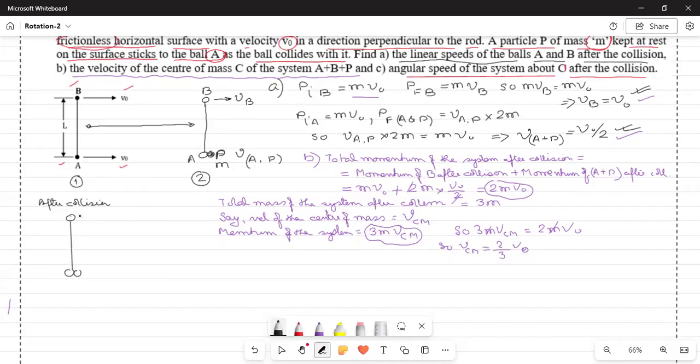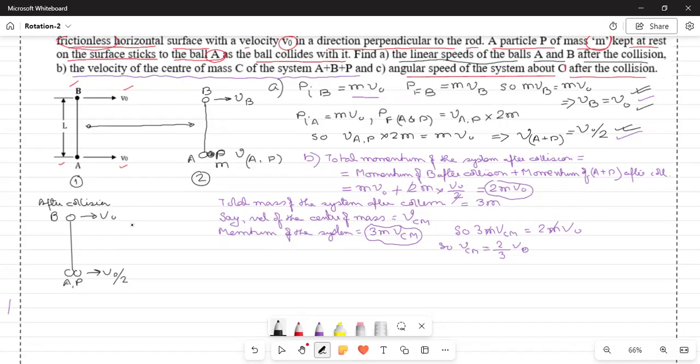And we have seen the linear velocity of B is V0, whereas the linear velocity of A and P is V0 by 2. This is V0 by 2, this is V0. That means the linear velocity of these two masses together is half.